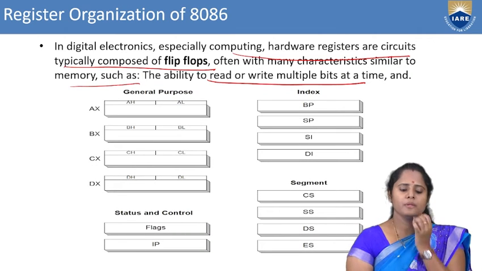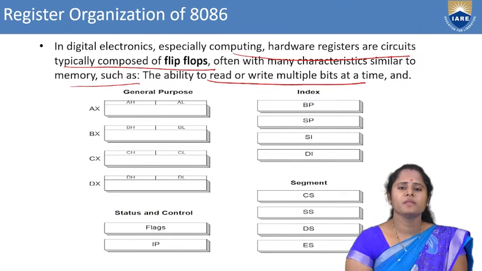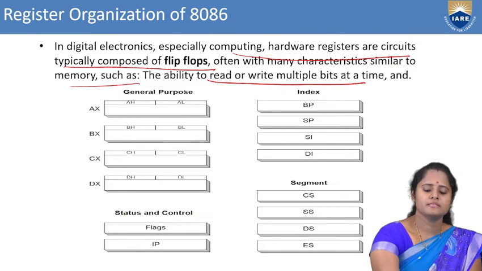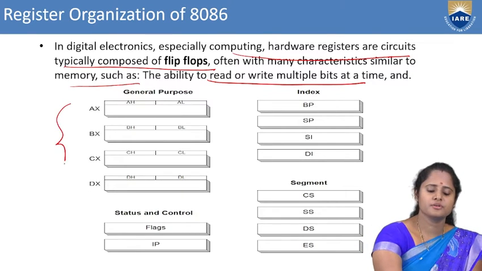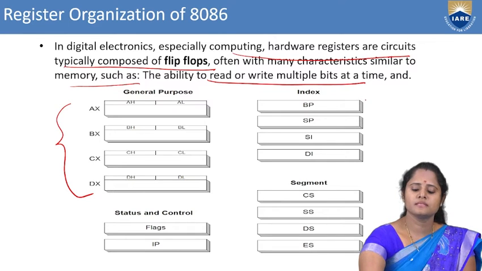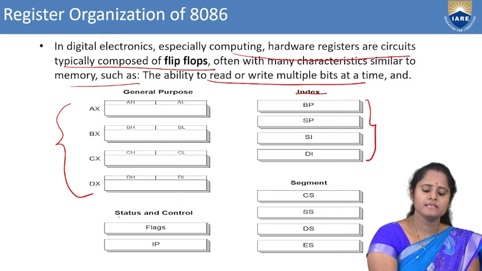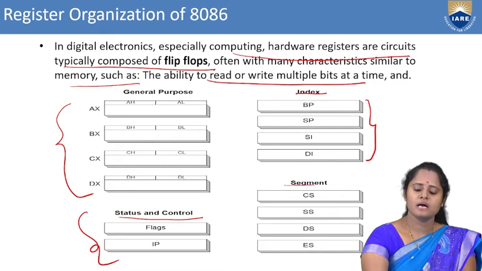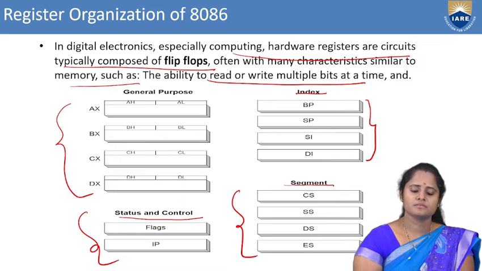Here we can see we have different sets of registers. This is the general purpose register, this is the index register, these are the status and control registers, and these are the segment registers.